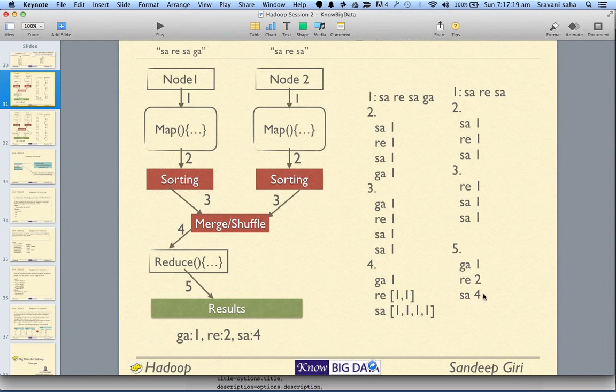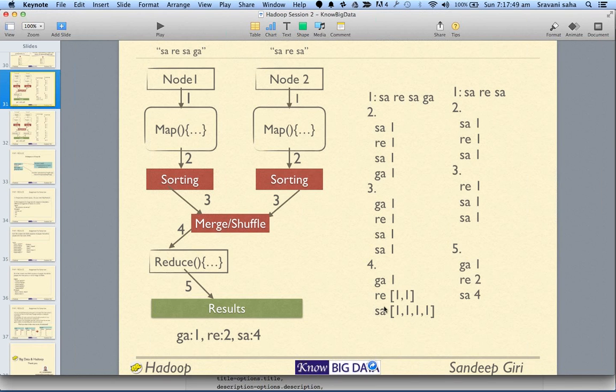So in your reduce function, you have written that just give me the summation, because all you wanted to do is word count, and there you get the output. So your map here is a very simple function. All it has done is split the line by space, pick up each word and spit out the key and value form.